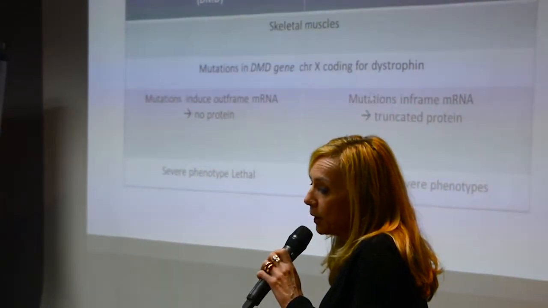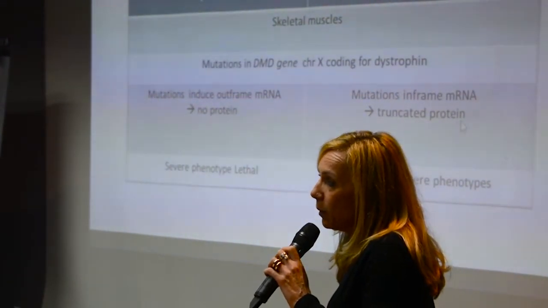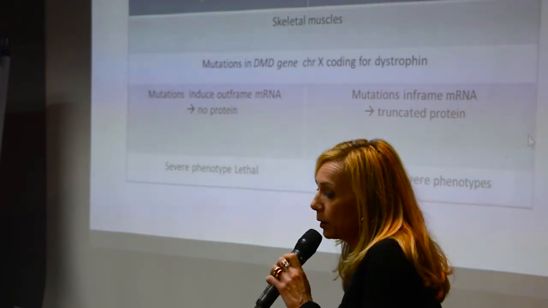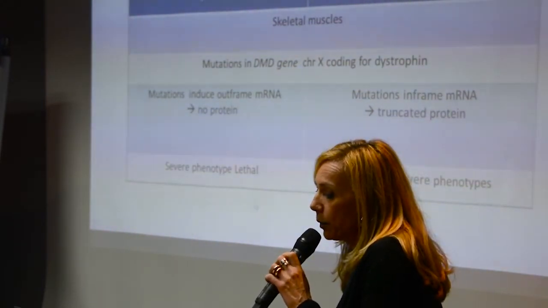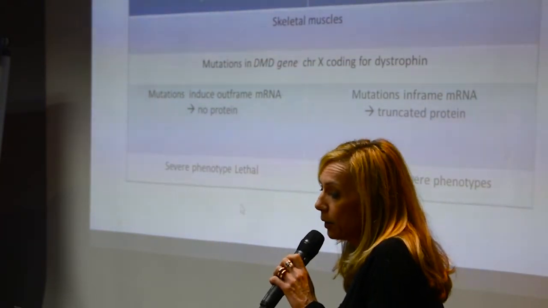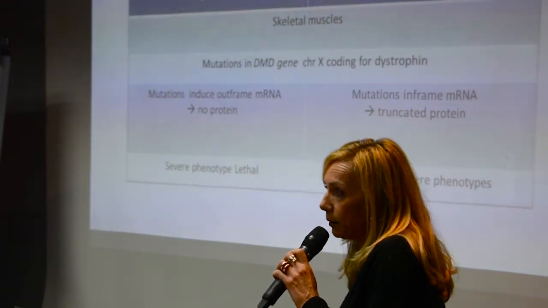While the mutations for the BMD allow in-frame mRNA, and you have a truncated dystrophin expressed. And the phenotypes are not the same. The DMD is a severe, lethal phenotype, and the BMD is a moderate to severe phenotype.